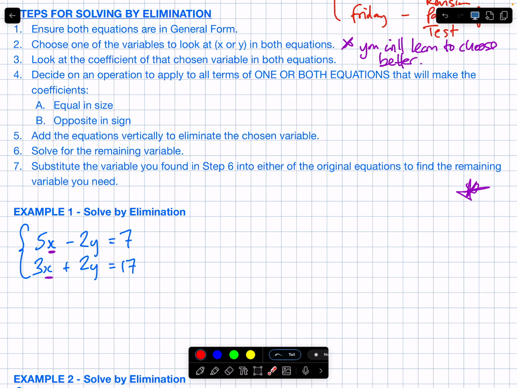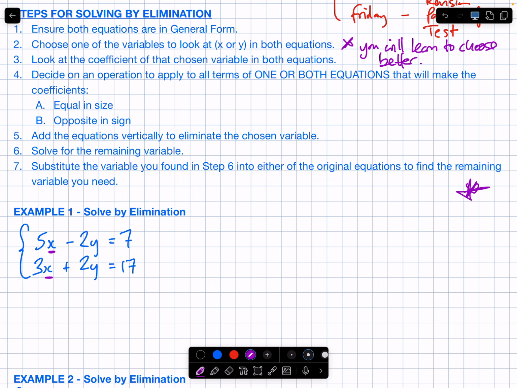Are those coefficients equal in size right now? No? They're 5 and 3. Are they opposite in sign? No, they're both positive. So I need to do something to the top and the bottom equation to make them both the same number but opposite in sign. What's the lowest common number that 5 and 3 both go into? 15.